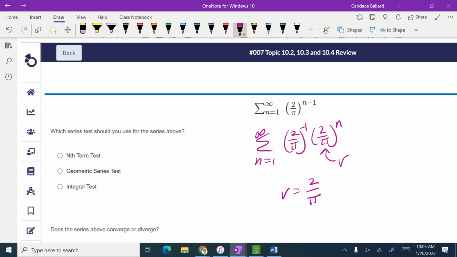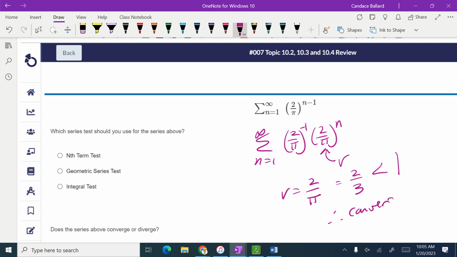What's technically, what's the denominator approximately? Yeah, it's 3 point something. So that's about what your r looks like. Is that bigger than 1 or less than 1? Less than 1. So if I am less than 1 on a geometric, do I converge or diverge?